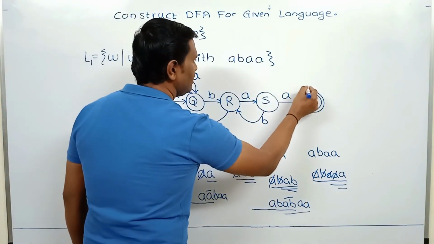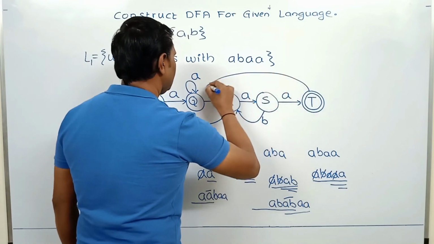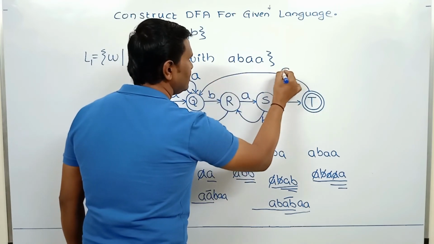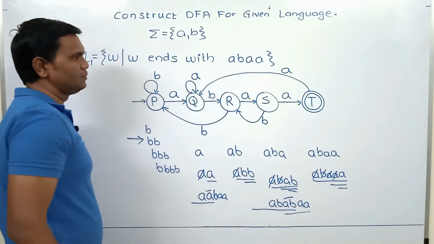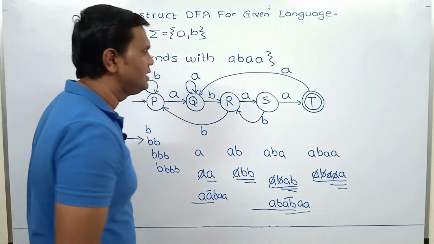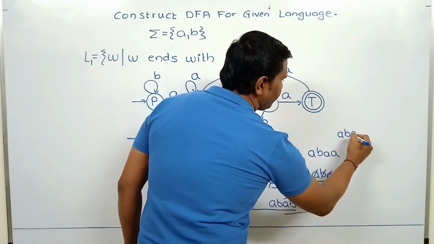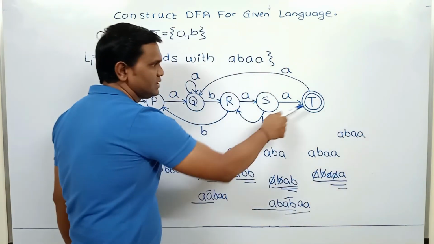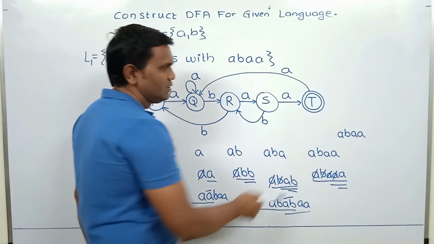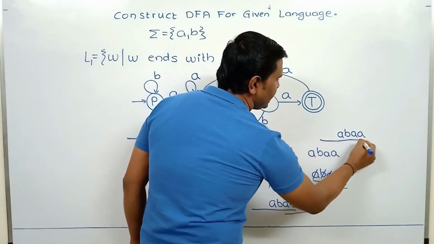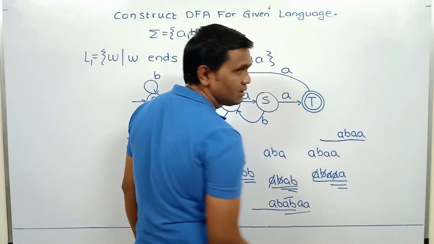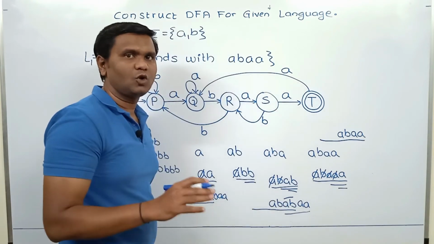So from T on A, we come to state Q. So what does this mean? Earlier we found ABAA. The DFA processing is in state T. So while processing the string, we found ABAA, but the string is not complete.